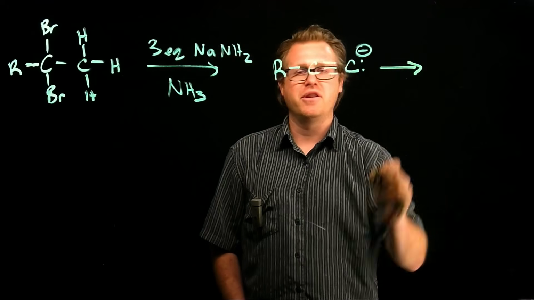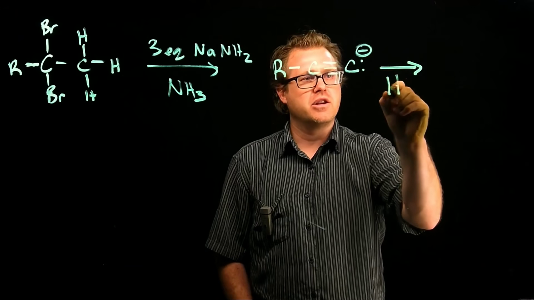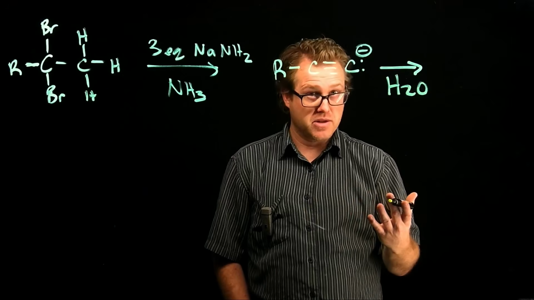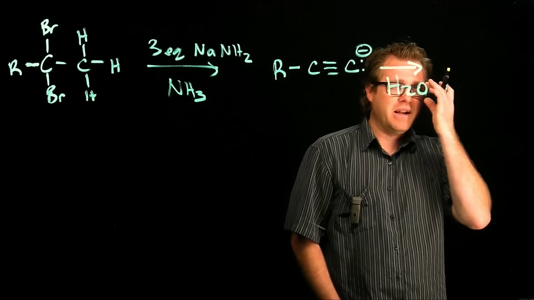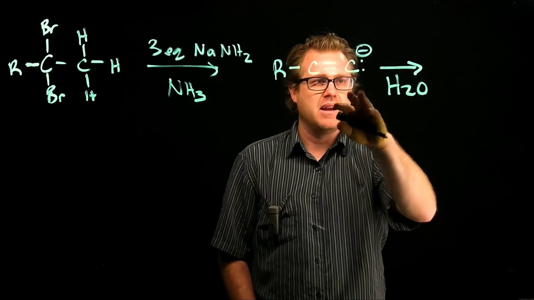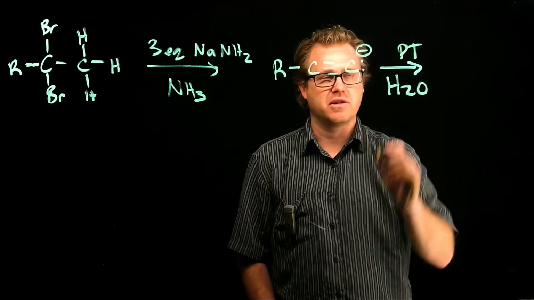So what we have to do is what's called an aqueous workup, where you can just add some water, hence aqueous workup. And what we're doing is we're working up the reaction. We're going to take this piece, add it to some water to do a proton transfer step.